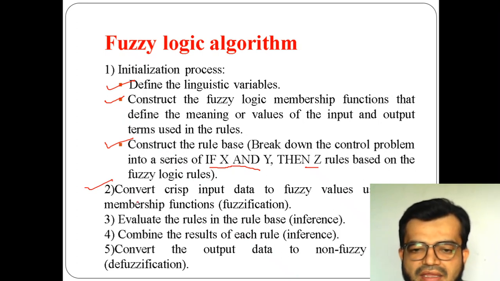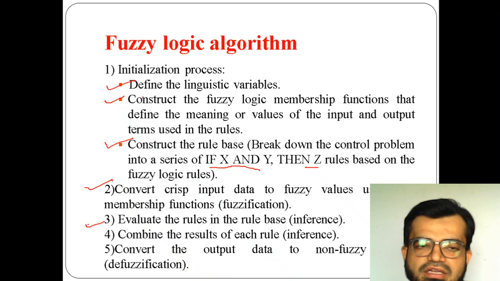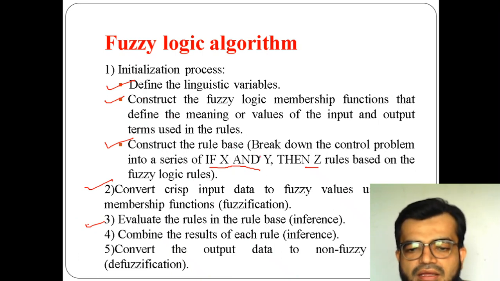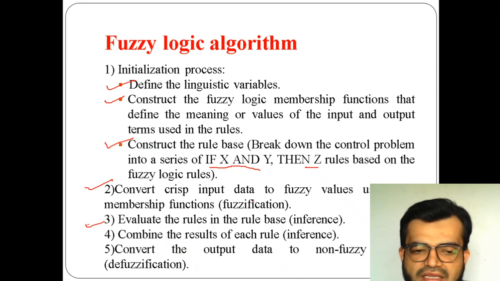Then the inference engine performs the inferencing process, which evaluates the rules. Whatever fuzzy rules we have taken in the rule base will be evaluated, and there are different actions for different clauses. For example, with a washing machine, different time slots have to be taken.